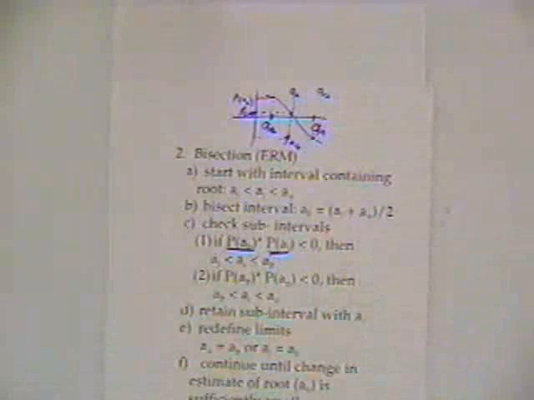So the bisection method continues that process of having a subinterval that contains the root, splitting it in half, determining which half contains the root, retaining the subinterval that contains the root, and continuing that process until you've gotten the estimate for the root as close as you want.